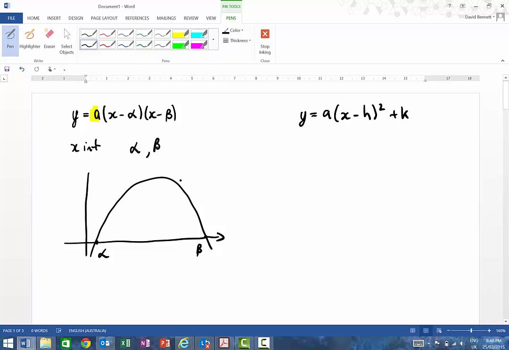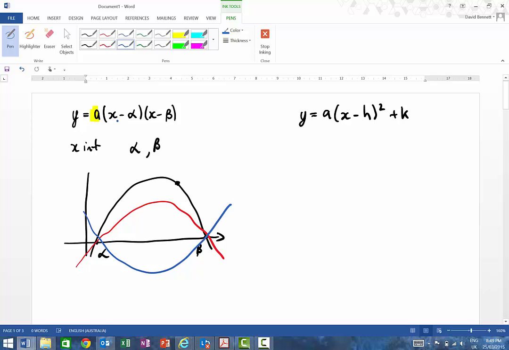How I actually work out the A value is quite simple. All I would do is use a particular point on the curve, whether it's a vertex point or any other point that it goes through, and that will fix what the A value is. Keeping in mind, I could draw this equation going through this point here, and this equation going through that point there.